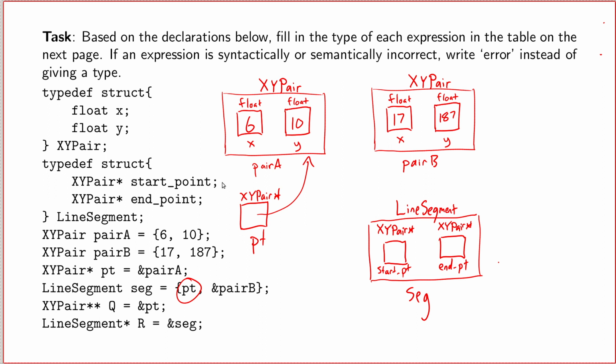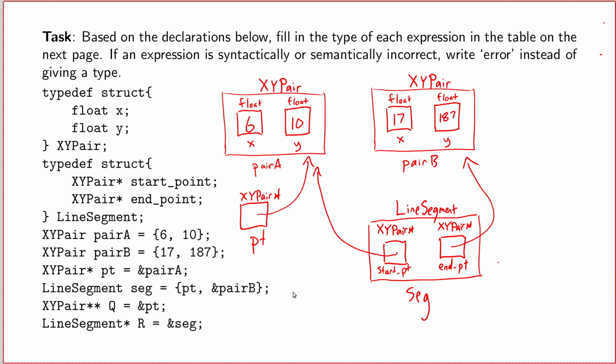It is start point, and so start point ends up being this arrow. Remember from October that I can just use the value of this pointer. What I'm asking is, what is in this box? Don't make an arrow pointing at this. Give me the arrow that's currently stored in this. Then the second member of my line segment is going to be an arrow pointing at pair B.